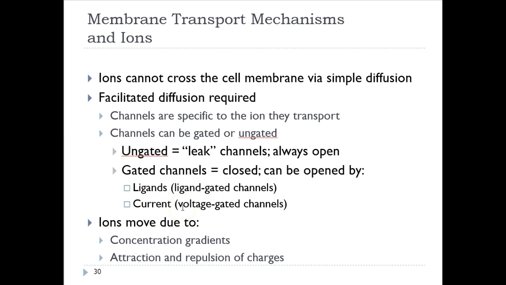When some volts change on one side of the cell to the other, the voltage itself will open the gate to allow those ions to go from one side to the other. And again, the movement of ions is going to be due to those simple diffusions from high to low, and of course those positive and negative attractions that most of these ions have.